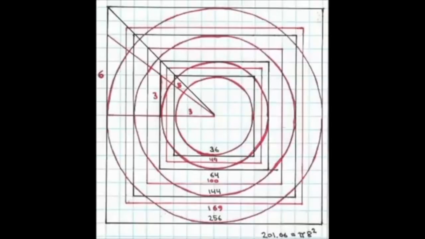That the 10 by 10 equals 100 square likewise approximates the circle of 113 between the 8 by 8 equals 64 and the 12 by 12 equals 144 squares, and that the 14 by 14 equals 196 square approximates the pi 8 squared equals 201.06 real area of the circle between the 13 by 13 equals 169 and 15 by 15 equals 256 squares.